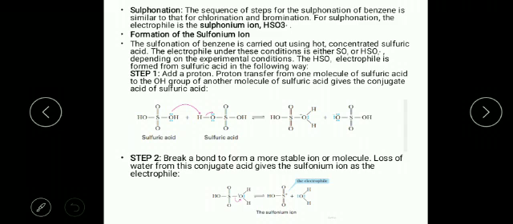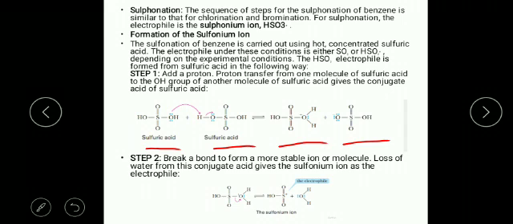So in step 1, 2 molecules of sulfuric acid react with each other, and one sulfuric acid gives its hydrogen ion or proton to another sulfuric acid molecule to form H3SO4+ and HSO4-.